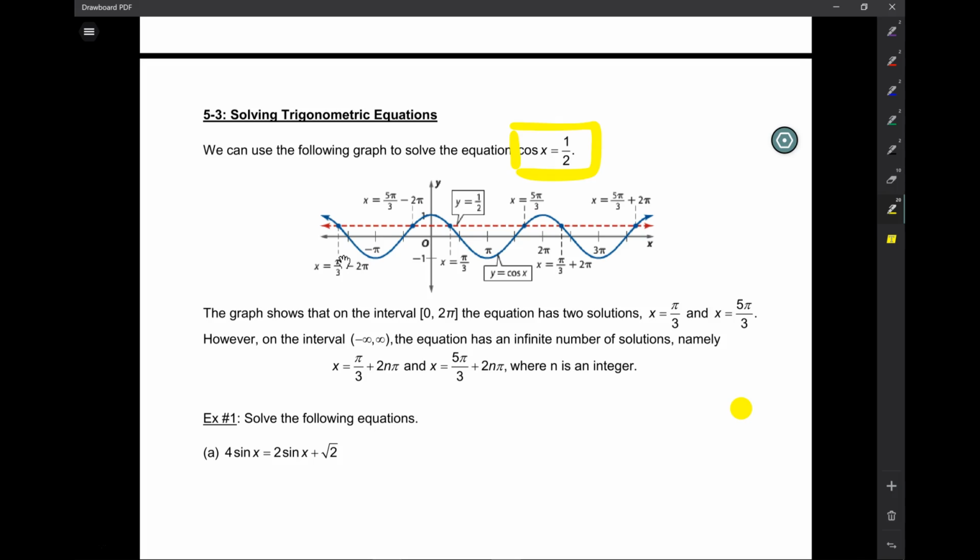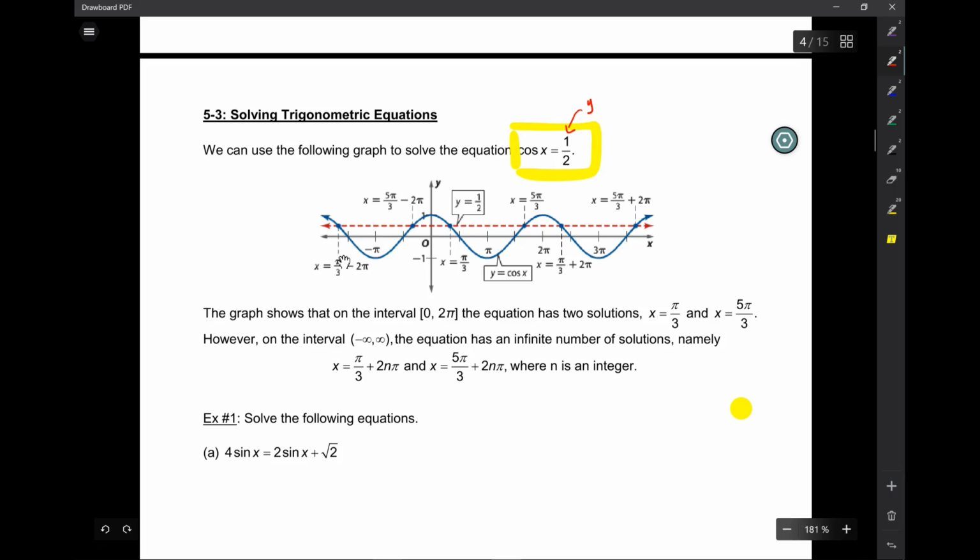Okay? One thing we could do to see it more clearly is if I have a graph of the cosine over its entire domain, negative to positive infinity, and I draw a line at 1/2, right? So I want cosine of x to be equal to 1/2, meaning y values have to be 1/2.